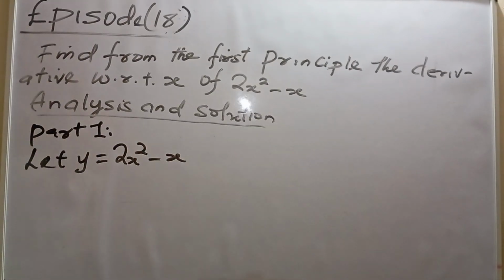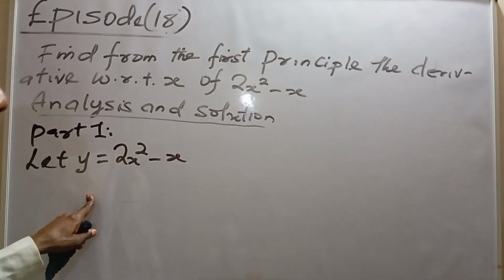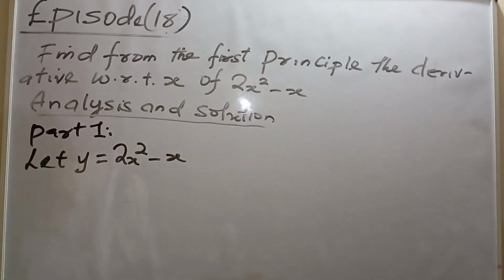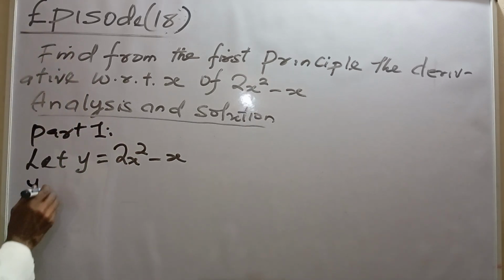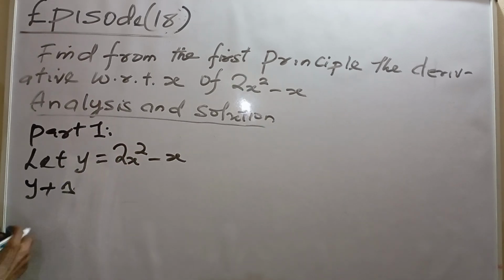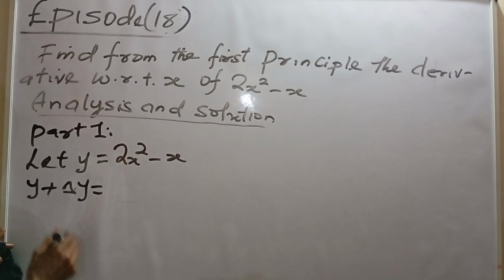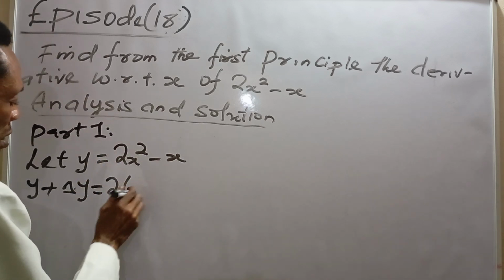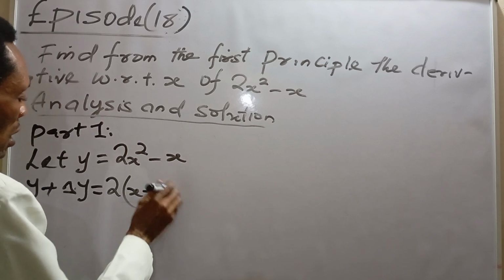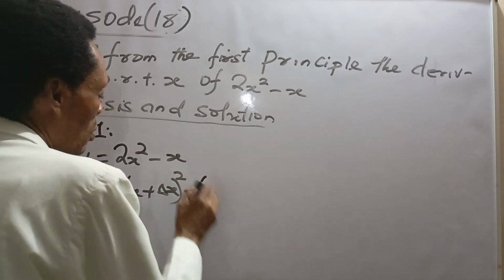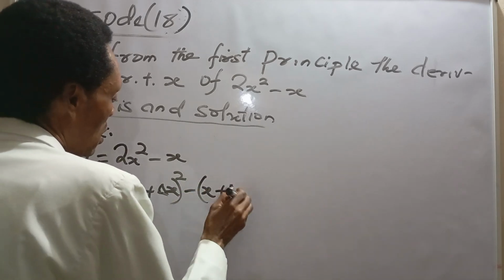With first principle, when you start with y equals, you will say y plus delta y, that is a little increment in y. So y plus delta y equals 2, then x plus delta x, then square this, minus open bracket x plus delta x.